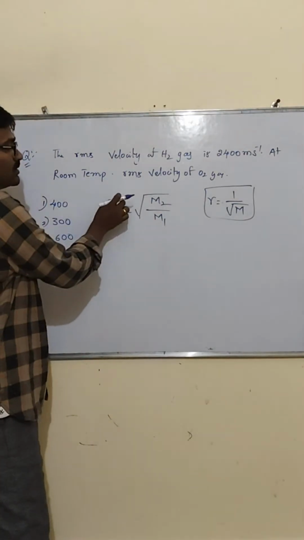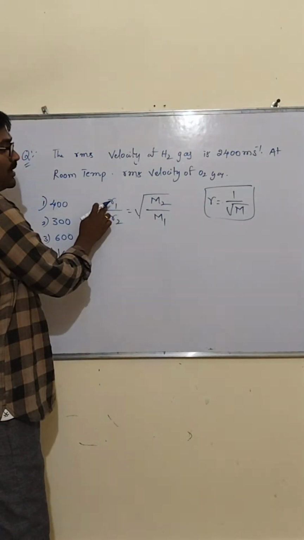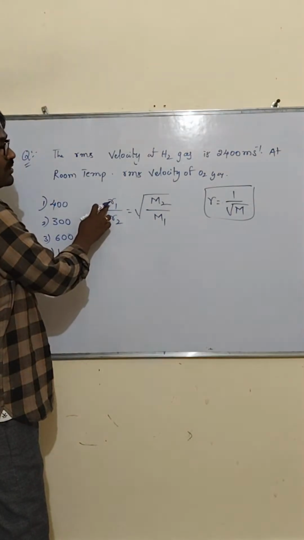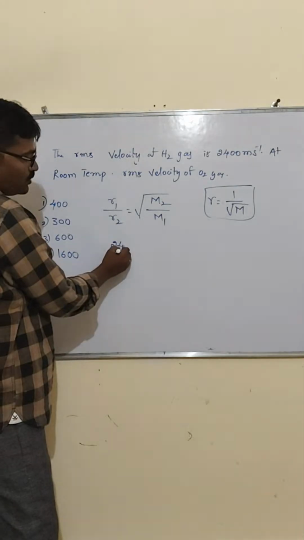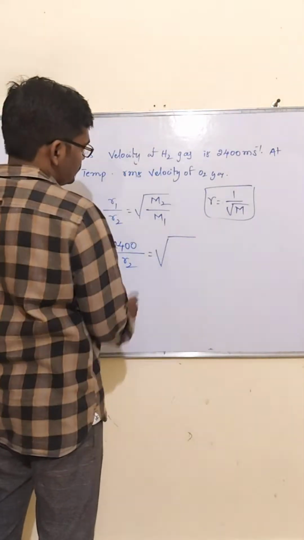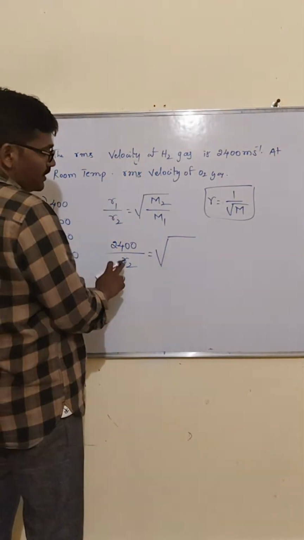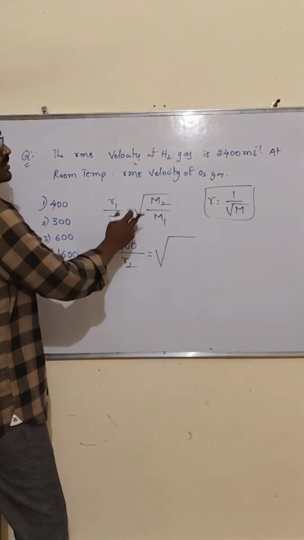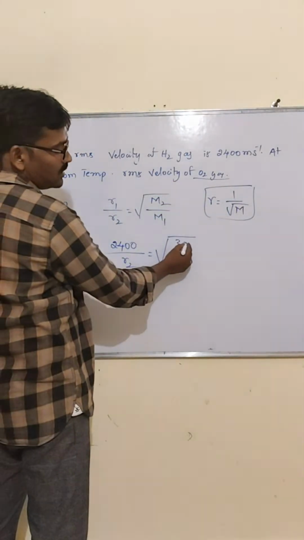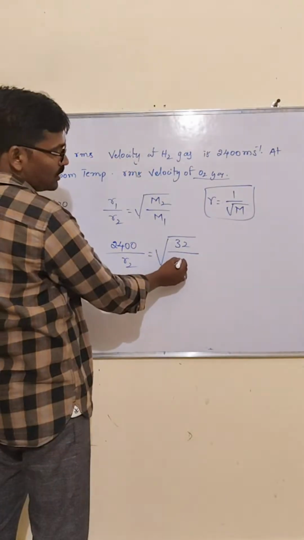Then R1 is the RMS velocity of hydrogen gas. How much is given? 2400, right? Then R2 you have to find out. R1 is hydrogen gas, R2 is oxygen gas, O2. So the O2 molecular mass you have to take, that is 32, divided by hydrogen molecular mass 2.